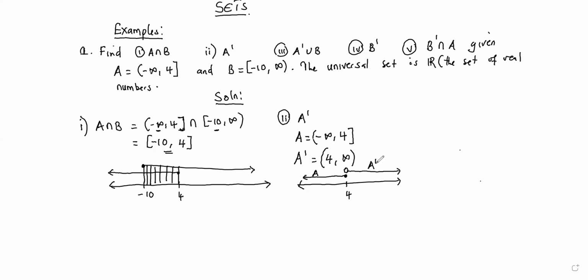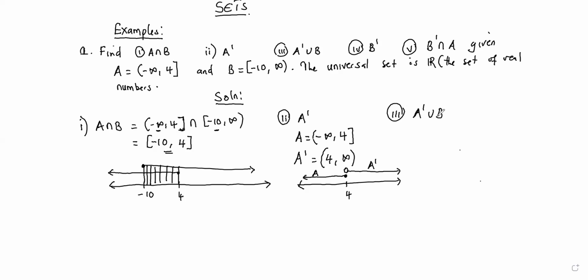Now, funny enough, when you go to part 3, where you want to look at what is not in A plus what is in B, some things that you think are obviously true may be violated.